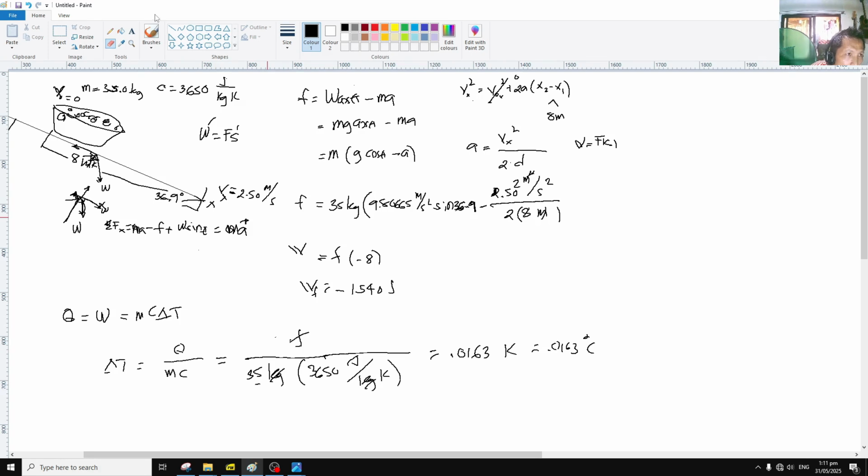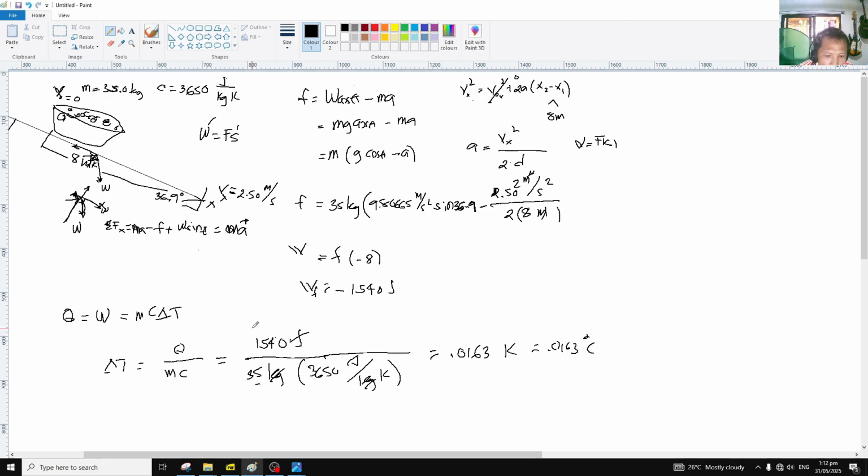Right? So, negative, positive now as absorption. So, it becomes positive 1,540 joule, divided by 35 times 3,650.